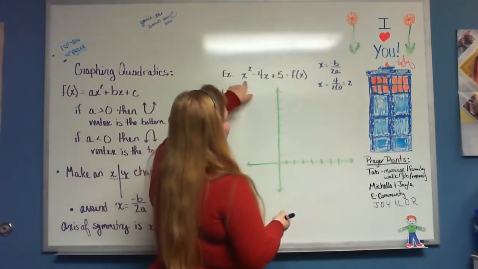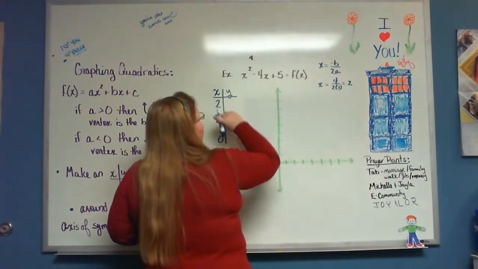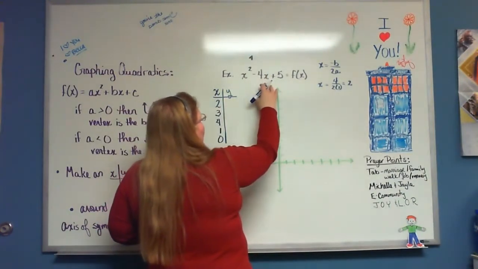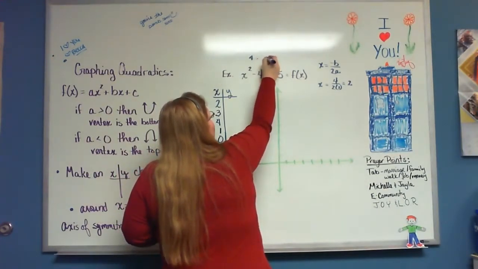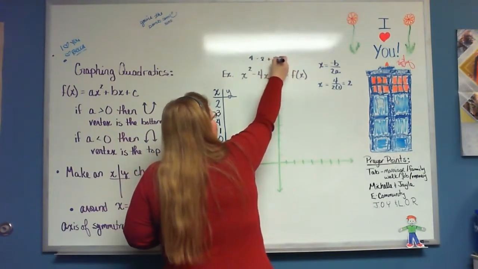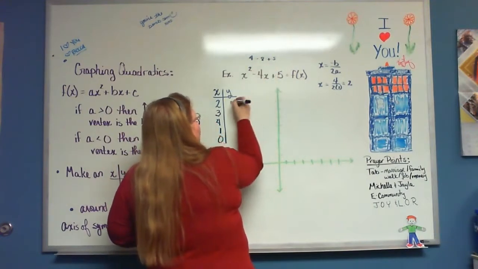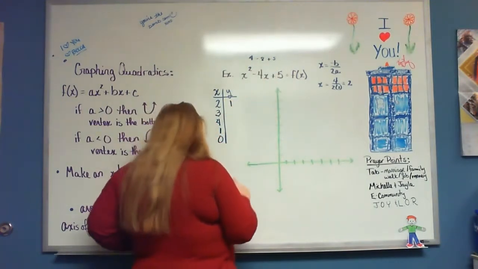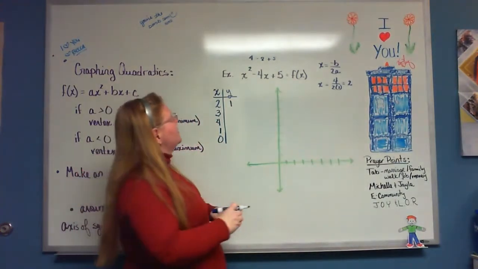So 2 squared is 4. I'm going to write them up here real quick. And then 4 minus 4 times 2 gives me 8 plus 5. 4 minus 8 is negative 4, plus 5 is a positive 1. Okay, that's one of them down.